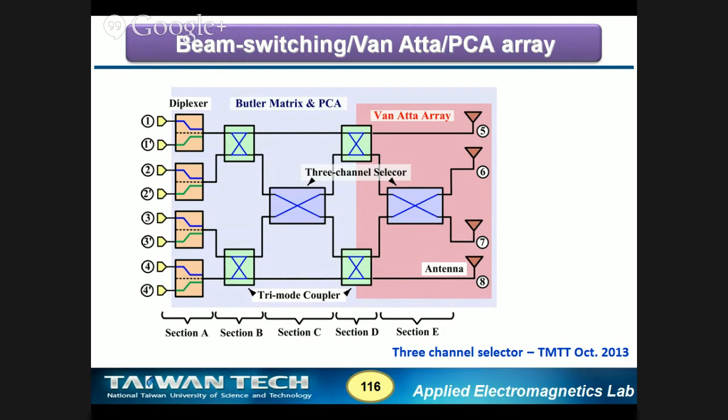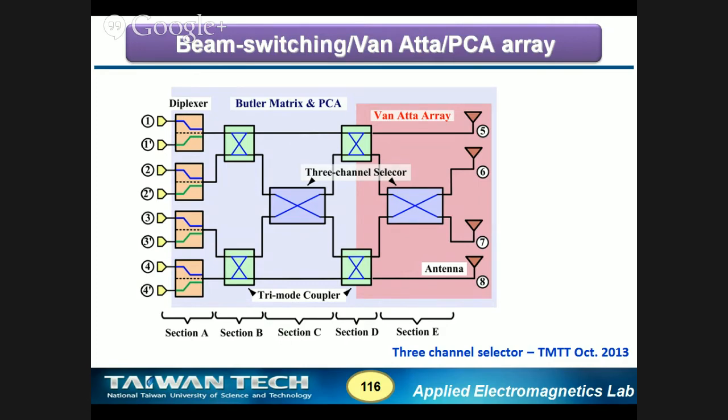So I asked my student, let's separate it into two parts. The first part, let us just talk about the core component, and the second part, the whole network. The first part was published last year, October. It is called the 3-channel selector. And the second part is under minor revision now, and hopefully it will be accepted in a week or so. There is no other major concern about it.